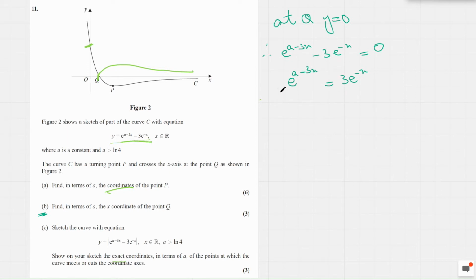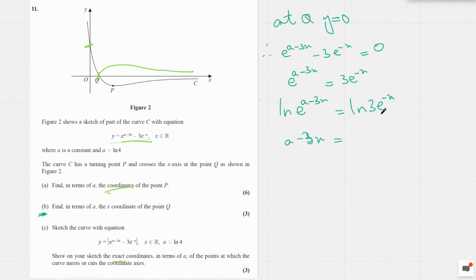Since we have only two terms, we can take the natural log on both sides. So I'm going to write the natural log of e^(a − 3x) equals the natural log of 3e^(−x). For the left side, we can just write it down as a minus 3x using the log rules.